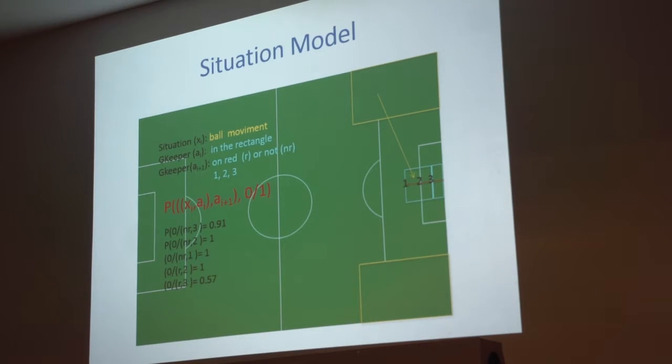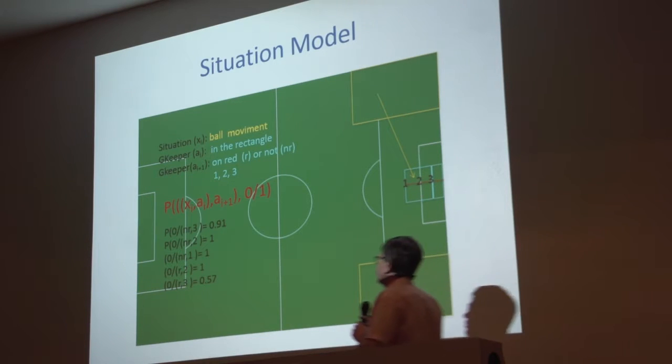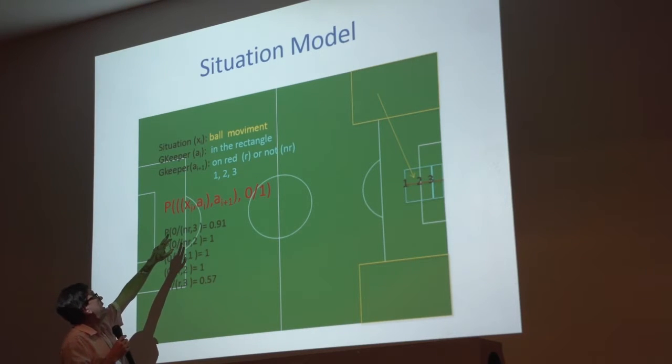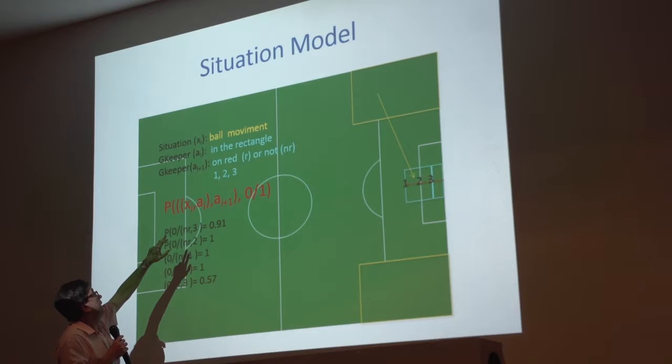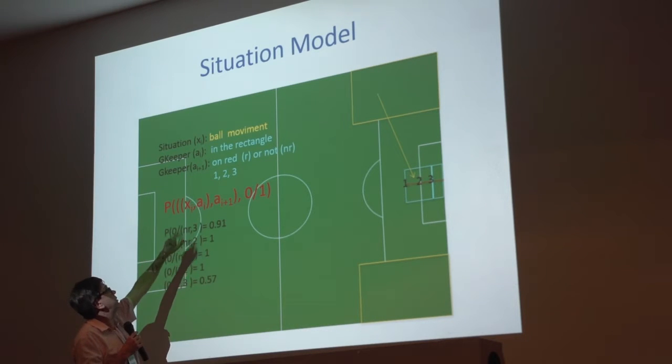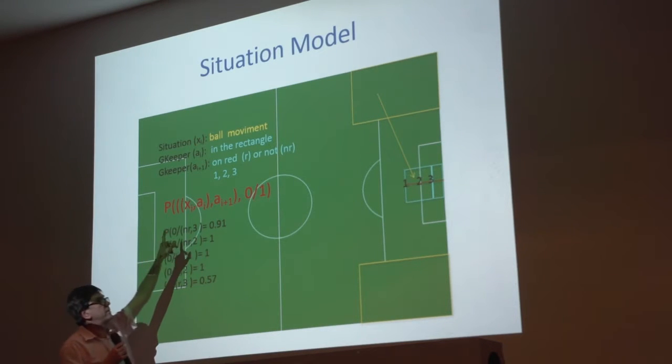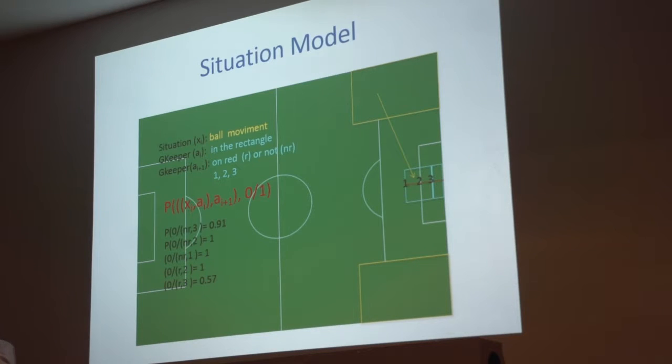What you could do is try to estimate the probability of the action of a goalkeeper being good enough to avoid the goal. Hence, we model this. This (x_i, a_i) is the model of our situation. x_i means the positions of the other players, or the actions of the other players at the first moment, and a_i means the action of the goalkeeper at the first moment.